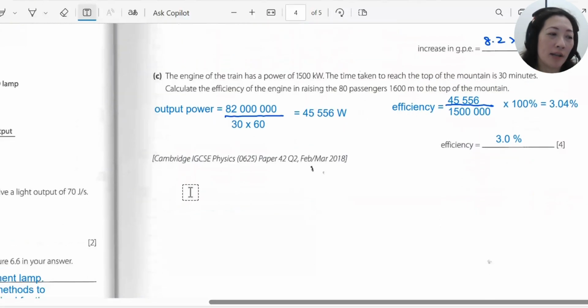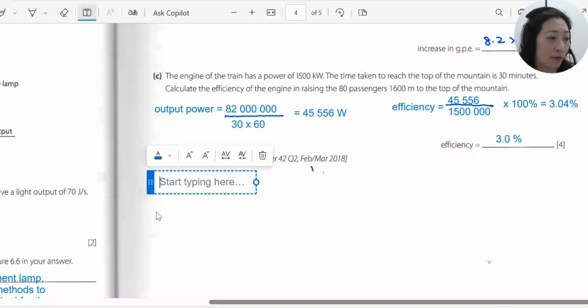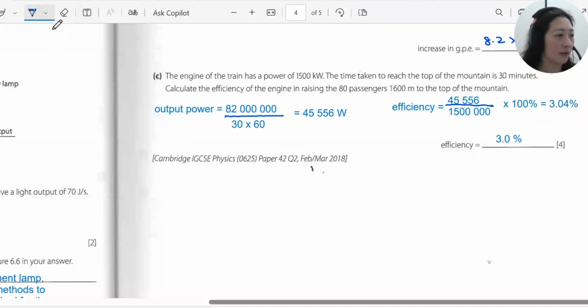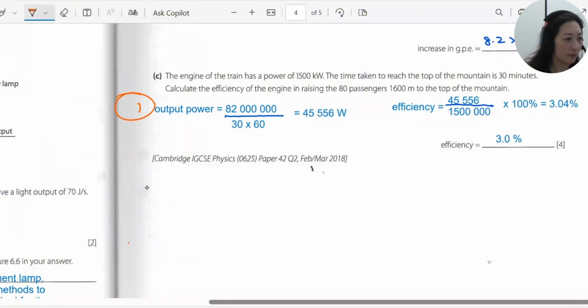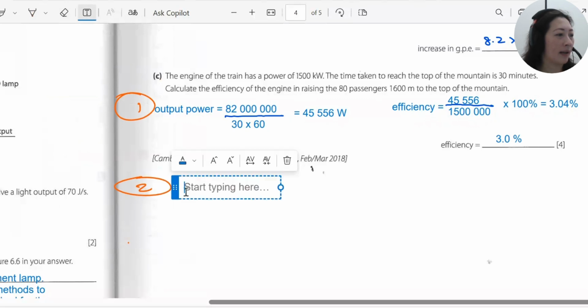Now, let's say you didn't use this method and you calculated using energy instead, that also works. So this is method number 1. Method number 2 is by taking the power and converting it into energy instead. So we're going to calculate the input energy by taking power times time.